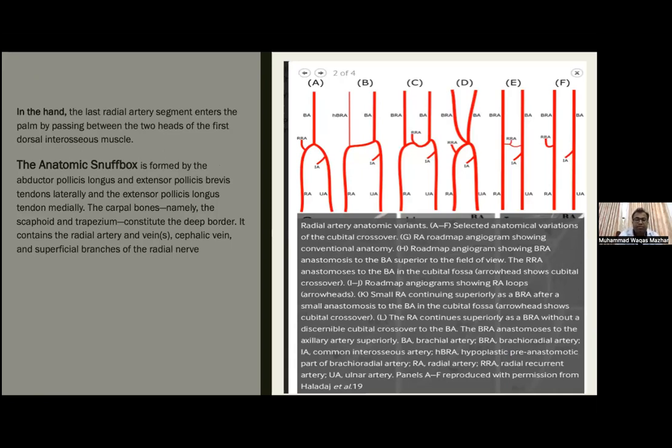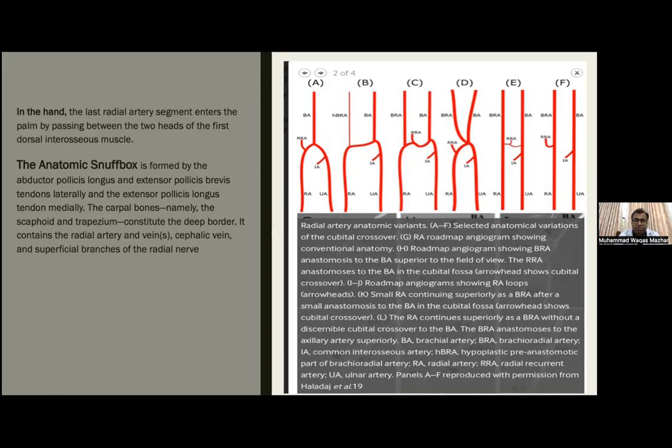This is a bit busy slide, but my main focus is on the anatomic snuffbox. In the hand, the radial artery segment enters the palm by passing between the two heads of the first dorsal interosseous muscle. What is the anatomic snuffbox? It is formed by the abductor pollicis longus and extensor pollicis brevis tendons laterally and the extensor pollicis longus tendon medially.